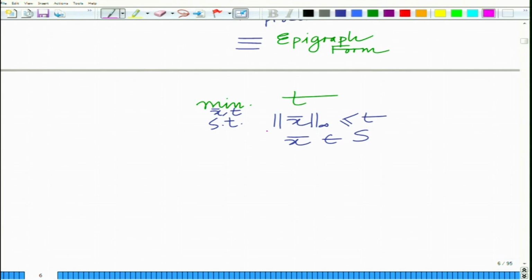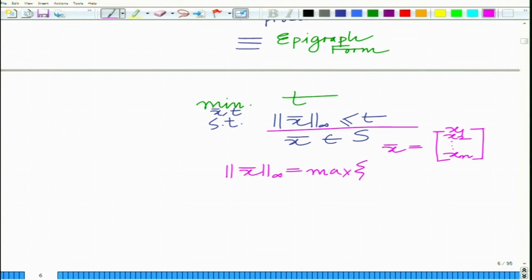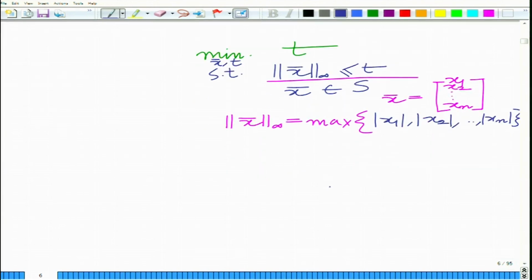Now, I can modify it slightly. If you look at this norm of x bar infinity, let us say x bar is an n dimensional vector. The infinity norm is nothing but the maximum of magnitude x1, magnitude x2, up to magnitude xn, and we say the infinity norm is less than or equal to t.